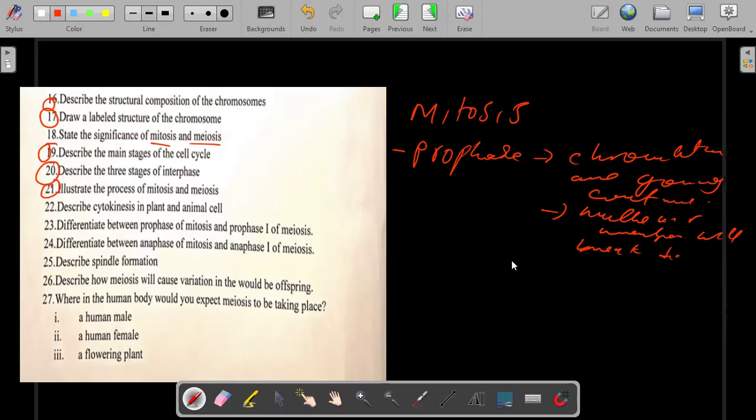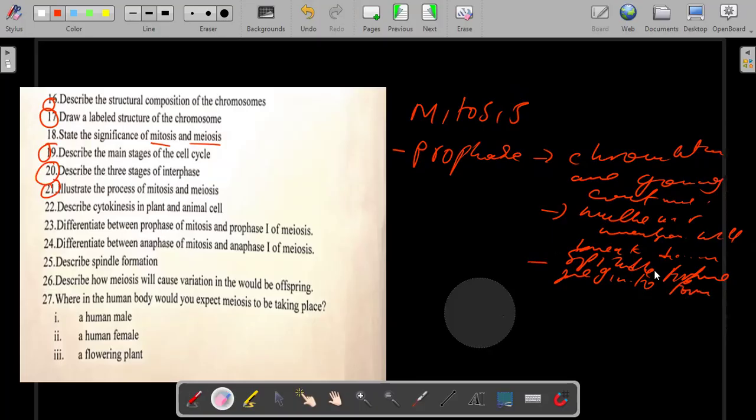Then you're also going to see spindle fibers, which are going to start forming there. Okay, that's what you're going to have in prophase.